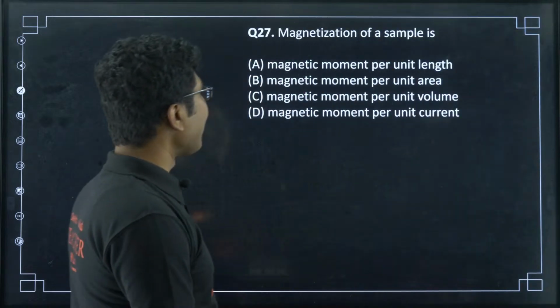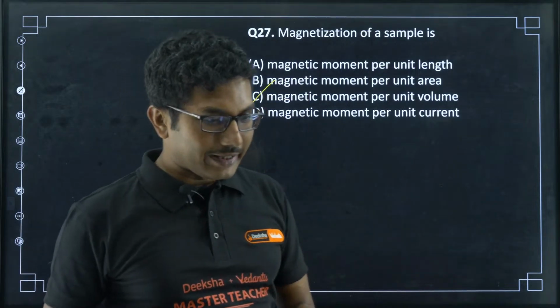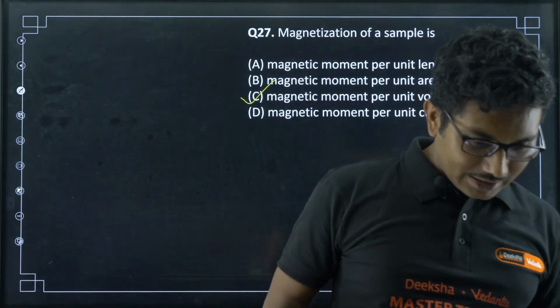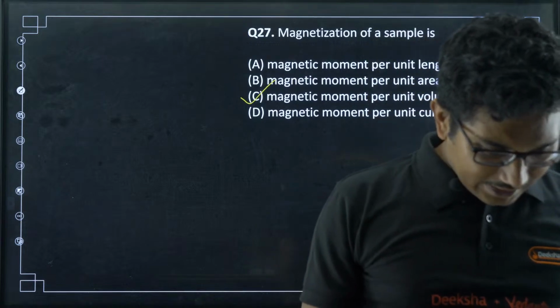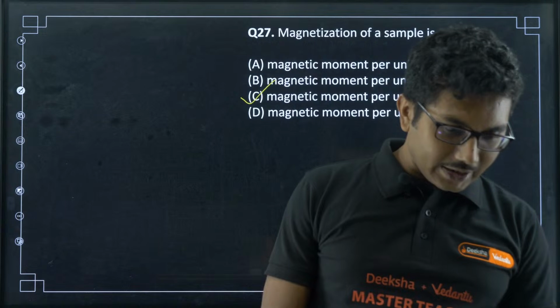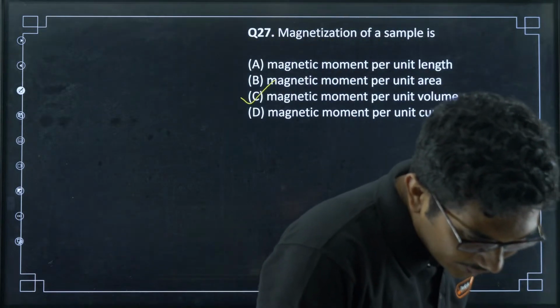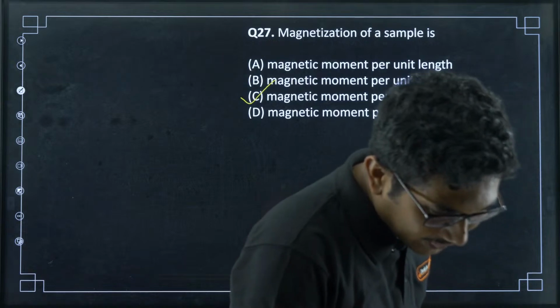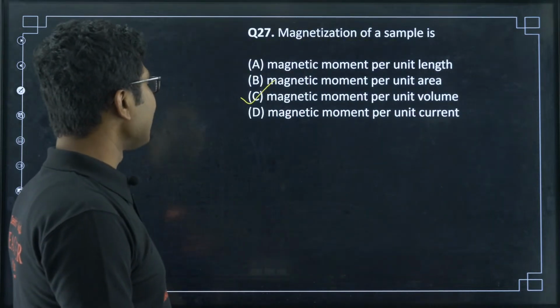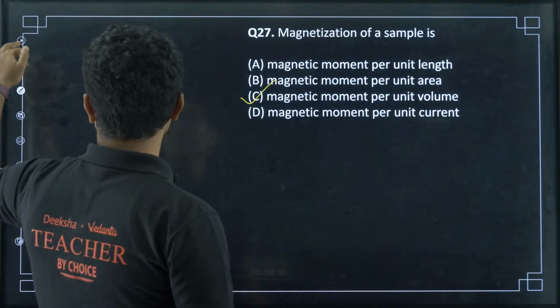C, yes, magnetic moment per unit volume is the correct answer, not 27D. Varija correct, Pradeep correct, Shaukat Ali correct, Lakshmi correct, Saudamini correct, Anisha correct, Sinchana correct, all of you are correct. It is 27C, magnetic moment per unit volume.